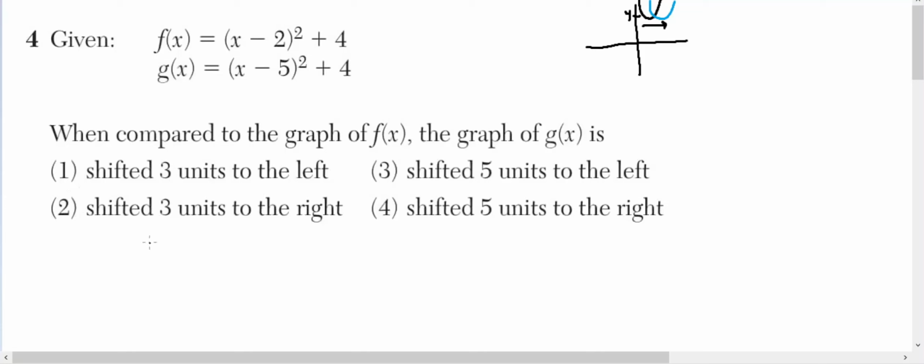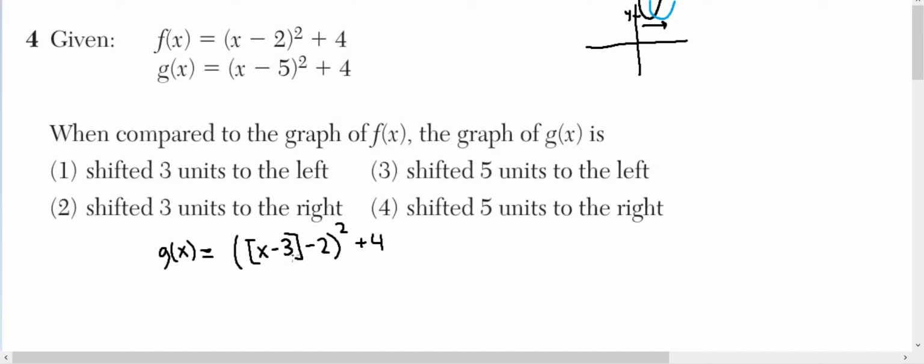What I notice about g of x is that we can write it like this, which is, instead of x minus 5 in the quantity, I'm going to write x minus 3 minus 2 squared plus 4. Now this is still technically g of x because all we did is just split up the minus 5 in a clever way.